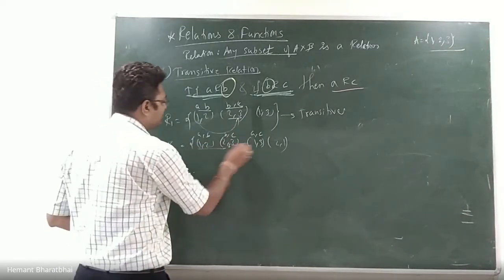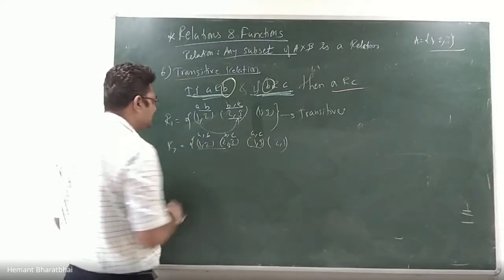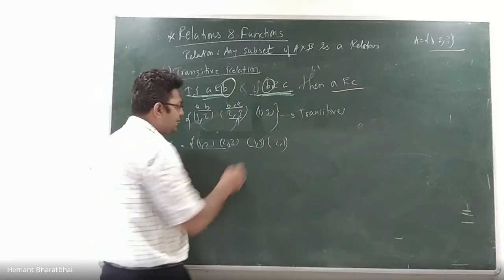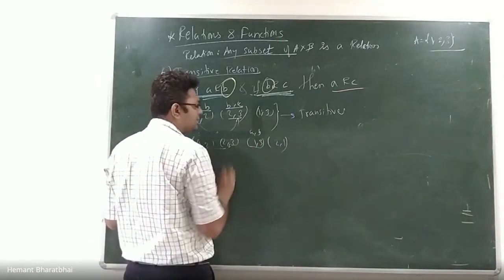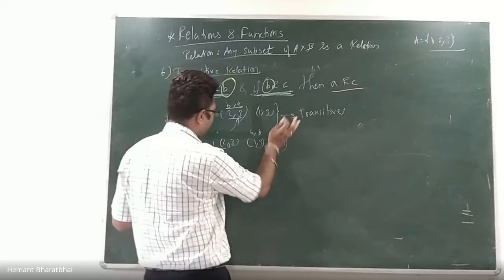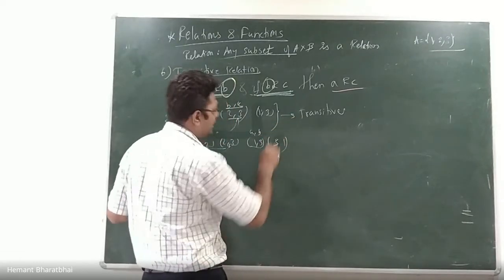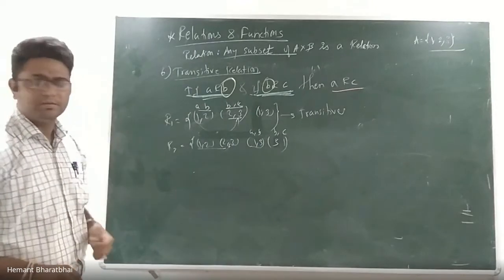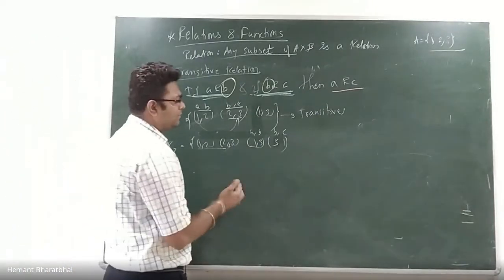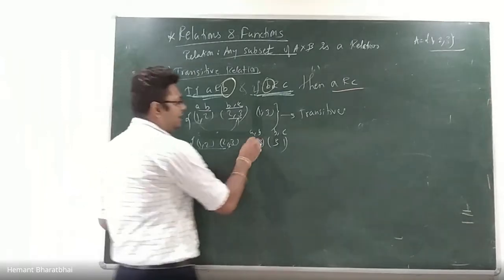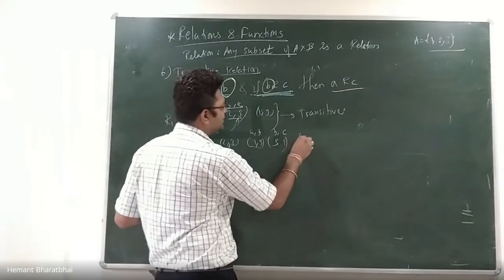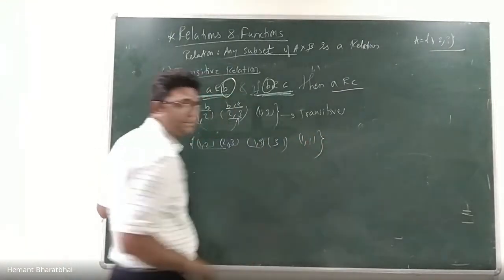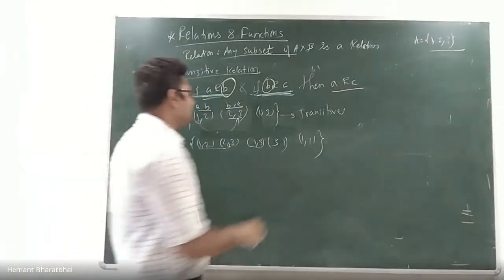So for these two elements, this is satisfied. Okay. But now I have written one more. So I can take this as A and B, and this I can take as B and C. So if it's like that, then I should think about one more combination, A and C. So A and C will give me 1 comma 1. So this 1 comma 1 should be present over here. So now again I can say this is transitive.